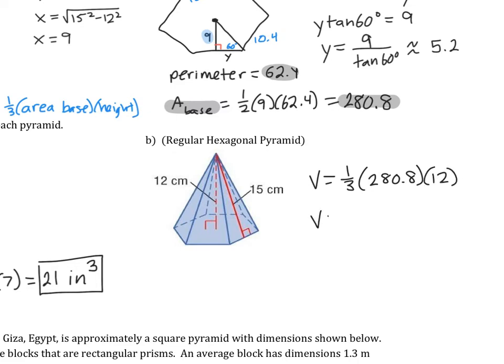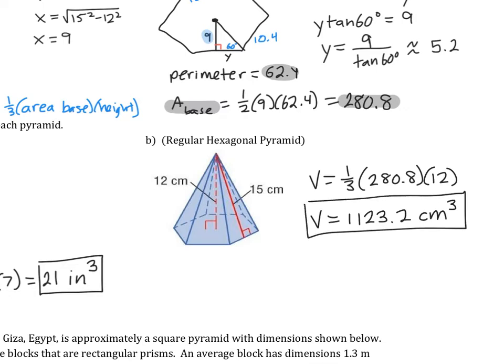And this gives us a volume of 1,123.2, and then it'll be centimeters cubed. So here we already did the hard part of that problem in the previous example, which was finding the area of that hexagonal base.